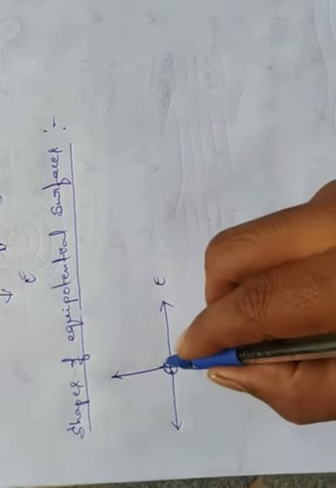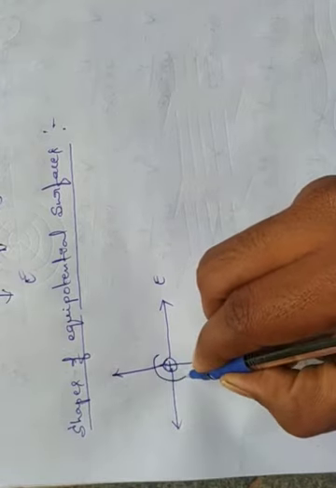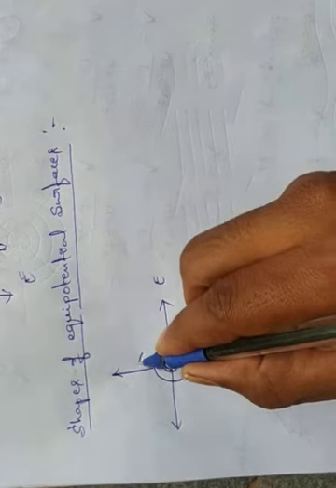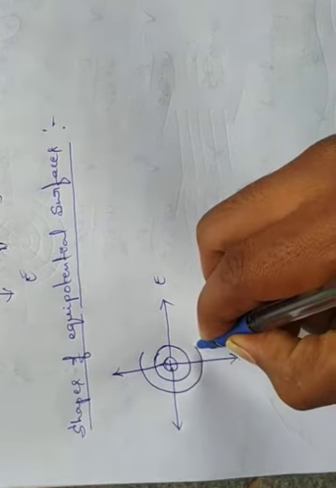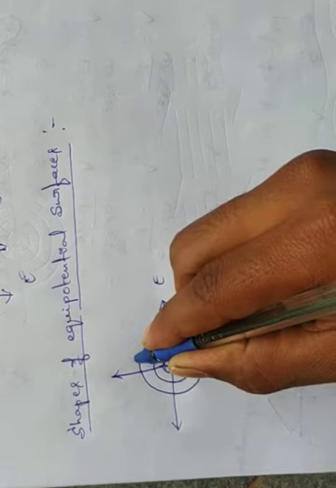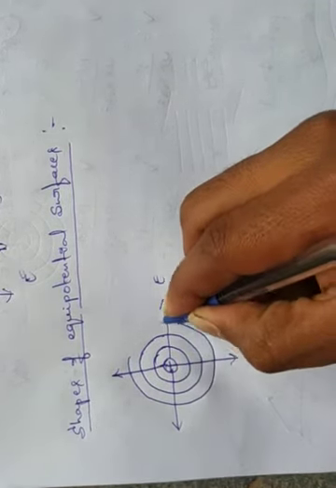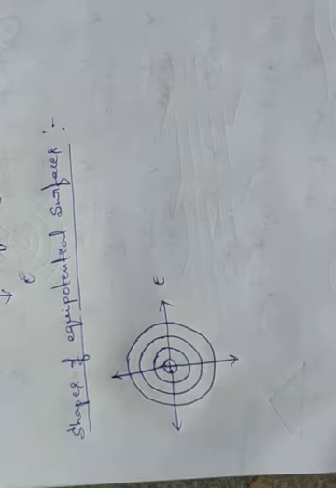If you draw concentric circles like this, they represent the equipotential surfaces. Observe carefully.